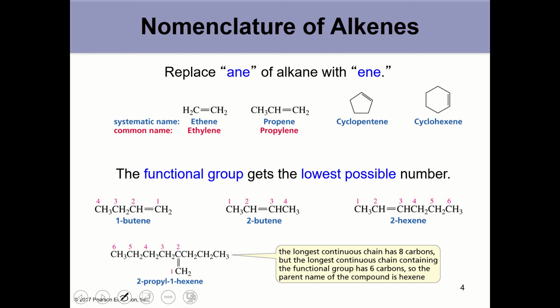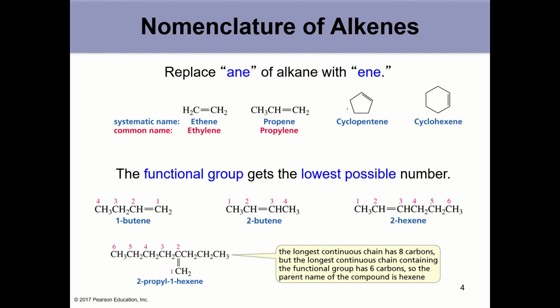For the nomenclature of alkenes, we covered this in Chapter 4. We are going to replace the ane of the alkane with ene for the alkene. So, for example, the systematic name of a 2-carbon alkene is ethene.